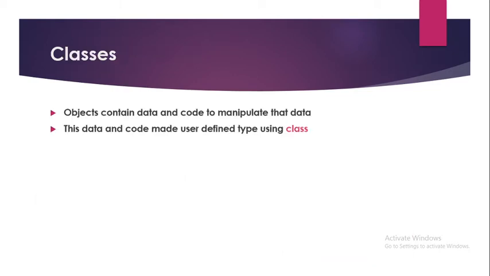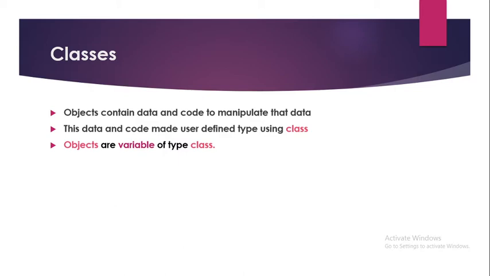So whatever data and code is required for the object, I can make this group of data and code a user defined data type, and I can call this a class.